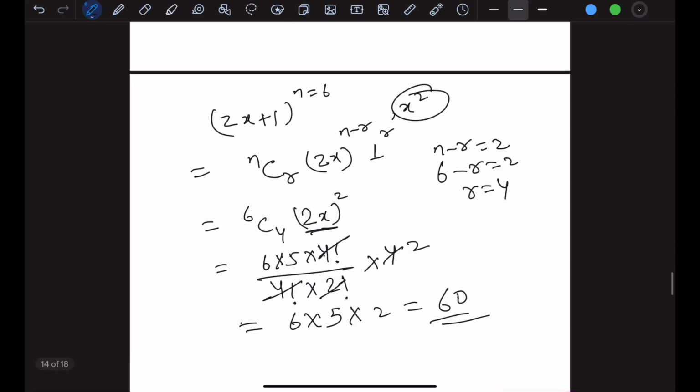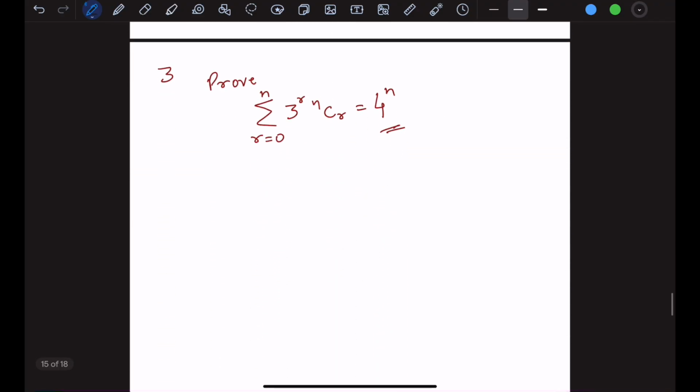Now let's look into the third question. Okay, so it says prove this is equal to 4 to the power n. If we take a look at this and observe, this is similar to the binomial theorem.